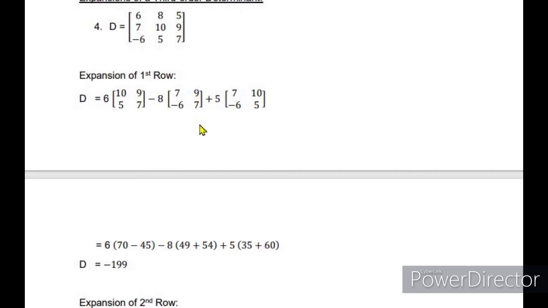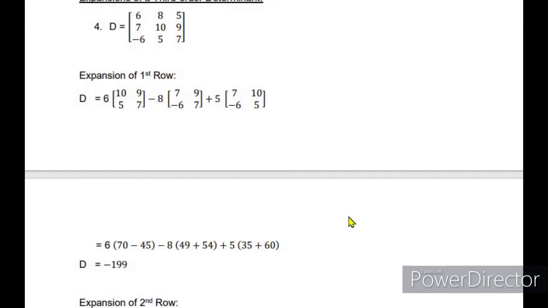So double negative will be positive. That's why it is positive 54 here. Next, plus 5. 7 times 5 is 35, -6 times 10 is -60. So double negative sign again, it will be positive here, so plus 60. So now we get the expansion of the first row. D is equal to -199.